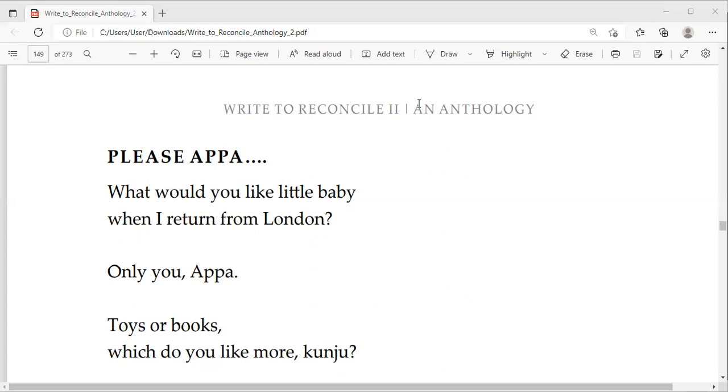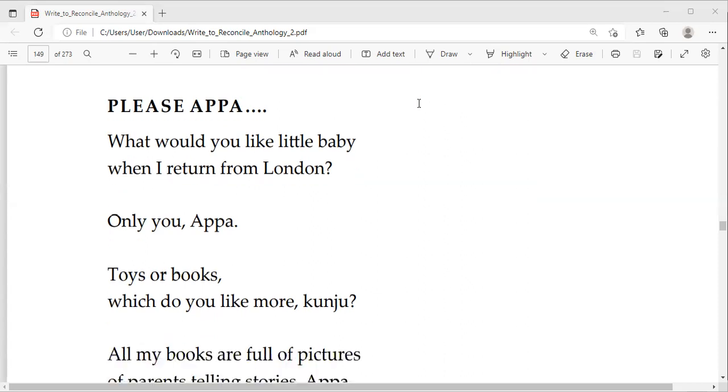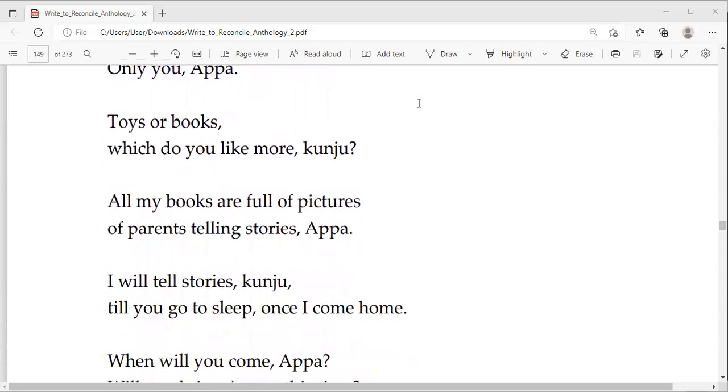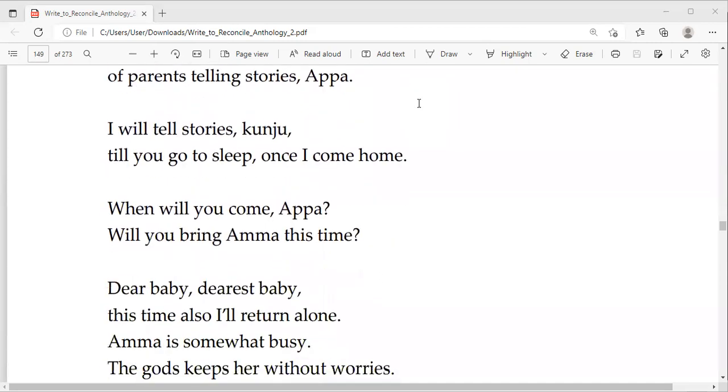Please, Appa, what would you like, little baby, when I return from London? Only you, Appa. Toys or books? Which do you like more, Kunju? All my books are full of pictures of parents telling stories, Appa. I will tell stories, Kunju, till you go to sleep once I come home.